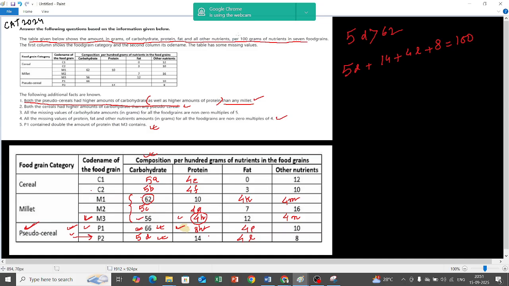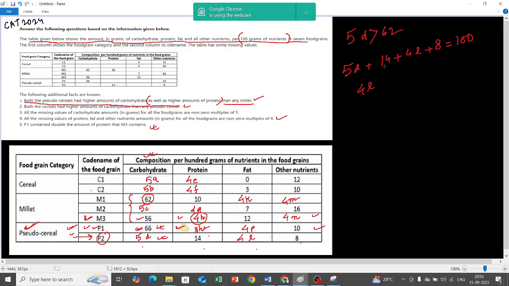So that means these values are distributed among 100 grams. All the values in these rows add up to form 100 gram of P2. All the values in these rows add up to form 100 gram of P1. All these values of the M3 row add up to form 100 gram of M3, right?